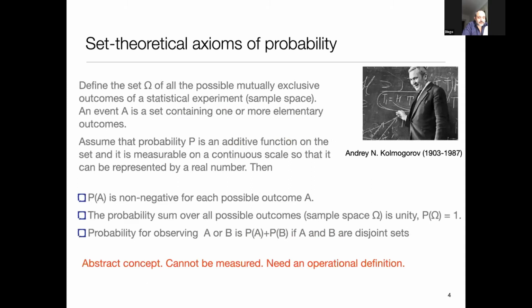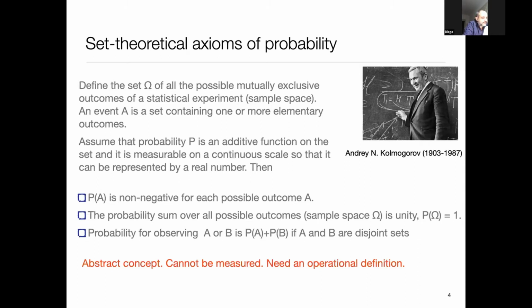So the word probability has already occurred various times in this lecture, so maybe it's a good time now to try to define it a little bit better. Perhaps the mathematical definition that is most suitable for probability is the one from Kolmogorov, which is called the set theoretical axiomatic definition.